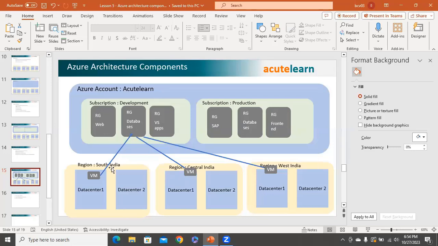Based on the region, you might get certain services available, and certain services may not be available. That you need to decide. So that's what we call subscriptions, resources, and resource groups. Now, when we create a subscription, Microsoft will ask us what kind of support you want for the subscription.